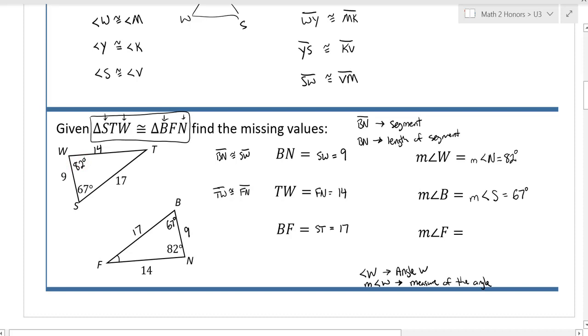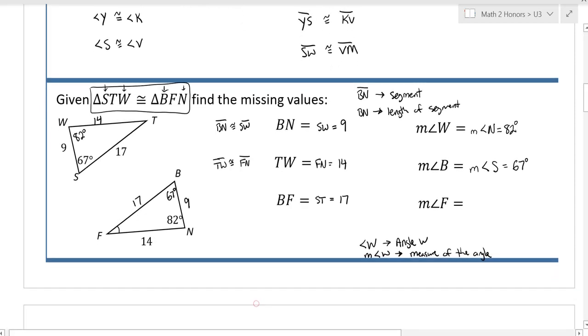And the measure of angle F we can find in a triangle. Here's something we should know from prior, and I'm just going to jot it down. But all three interior angles in any triangle must add up to, do you guys remember? 180 degrees.